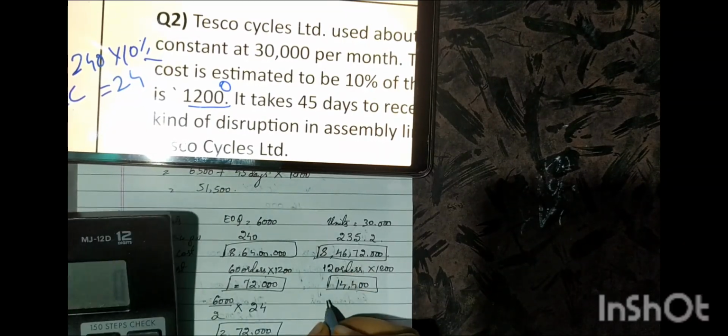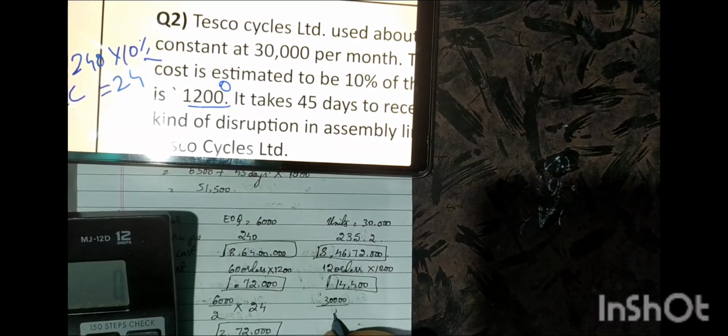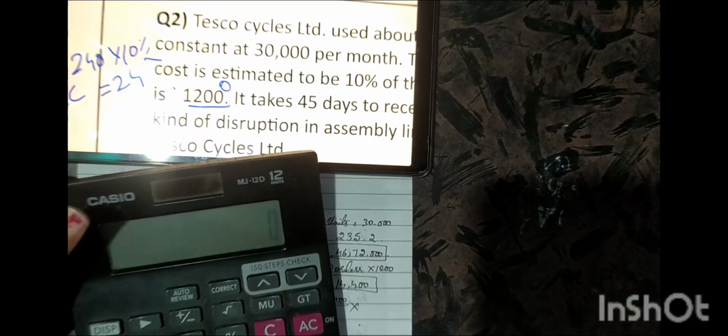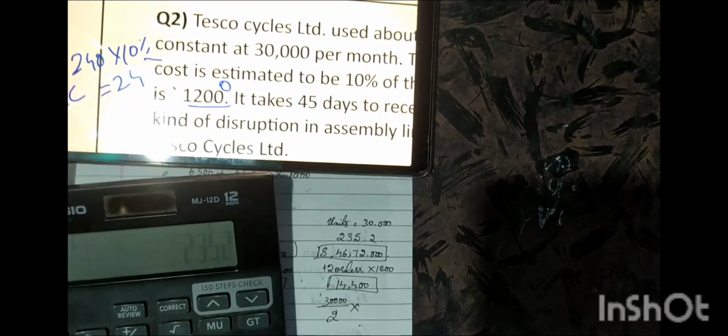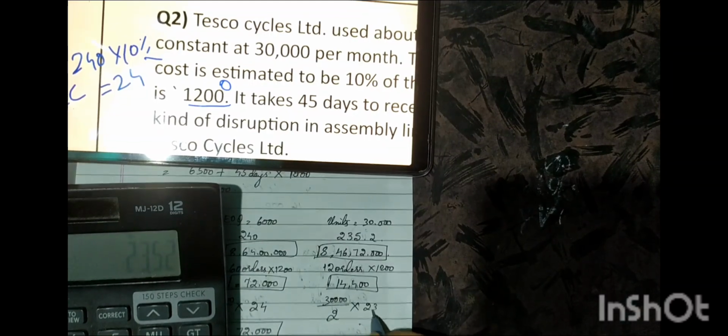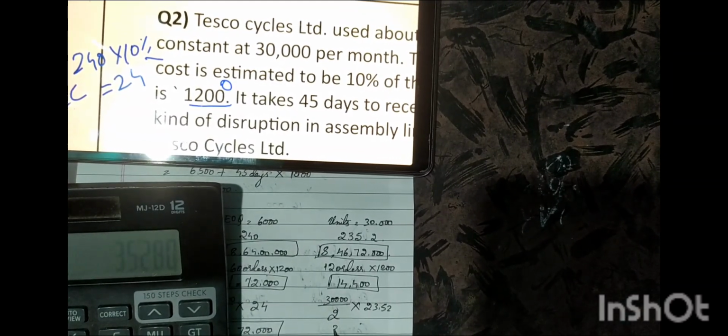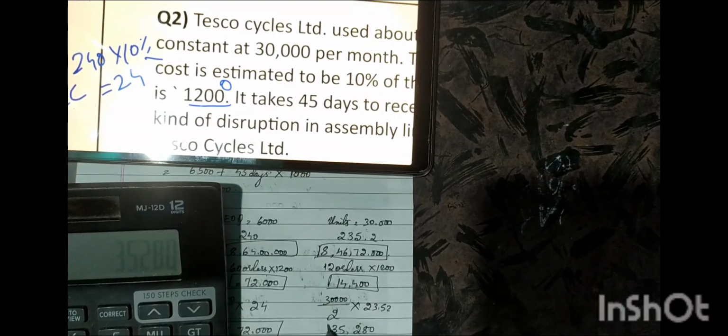So here 30,000 upon 2 into 235.2 into 10%, so it is 23.52 into 30,000 upon 2, so this is 35,280.